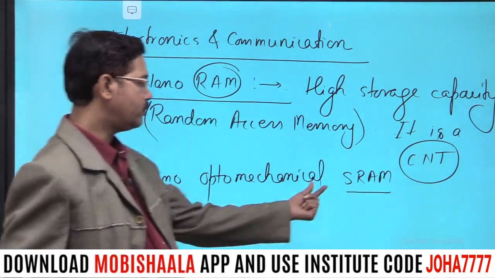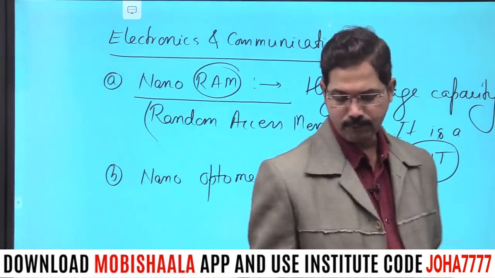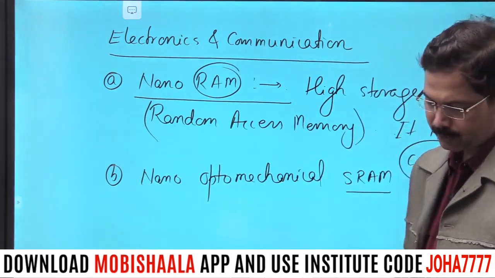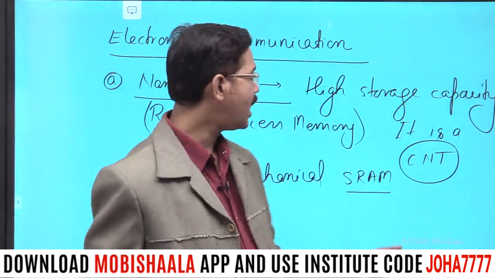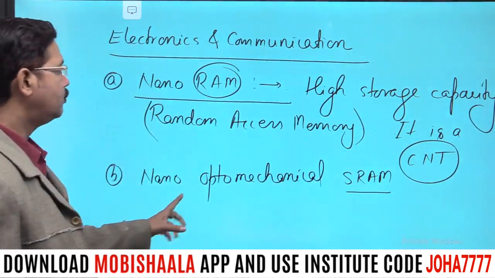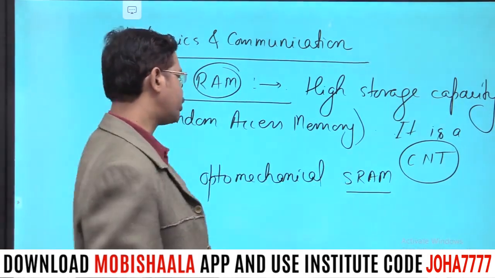SRAM, static random access memory, is the conventional form, and in comparison to this memory, it has very high processing capacity. It has high storage capacity, and it has what? High processing capacity.